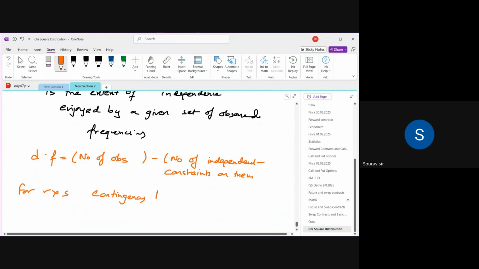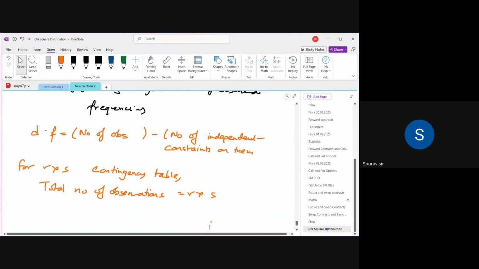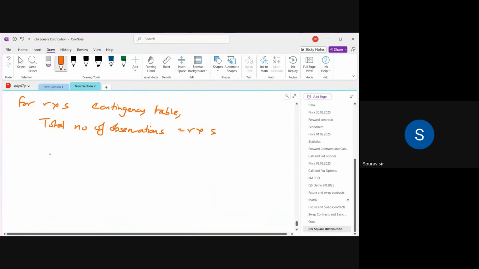So the total number of observations will be R multiplied by S. Now, what are the constraints? Let's define them. The constraints are, first, R: the R row totals fixed, R constraints.